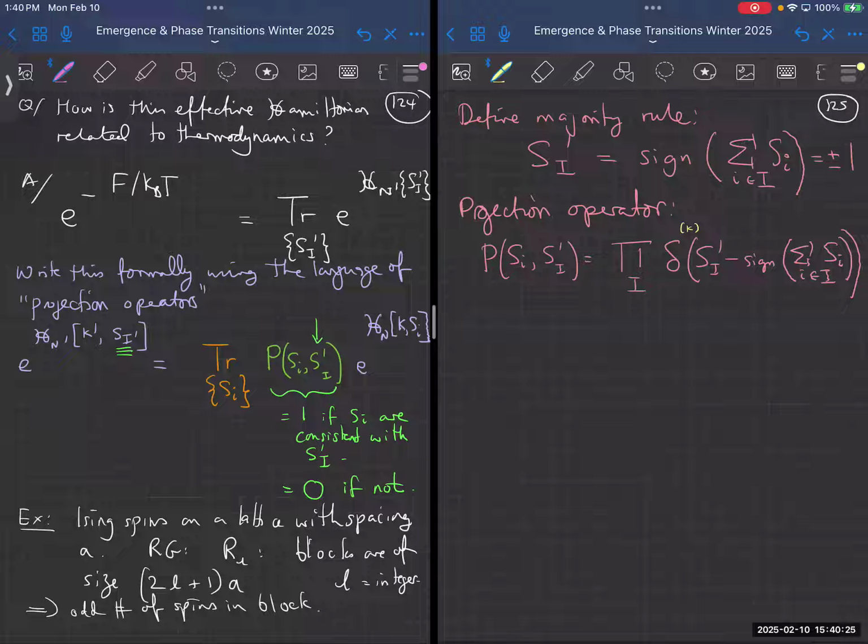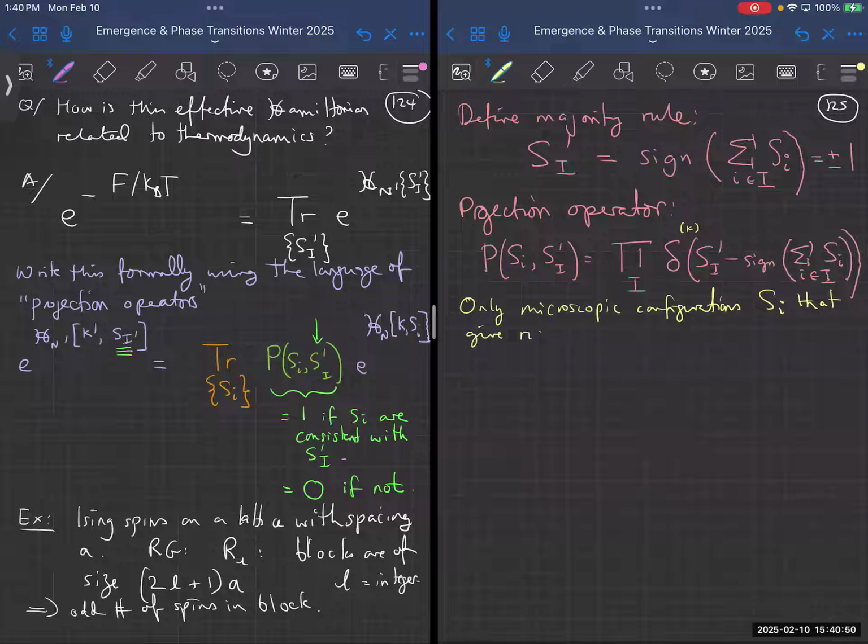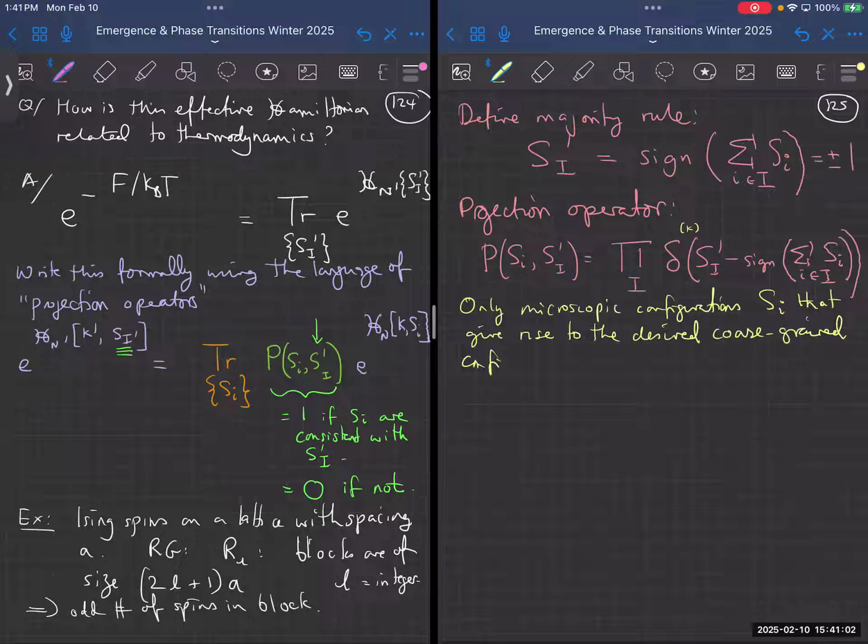So only microscopic configurations little si that give rise to the desired coarse-grained configuration give me a value P equal to 1.